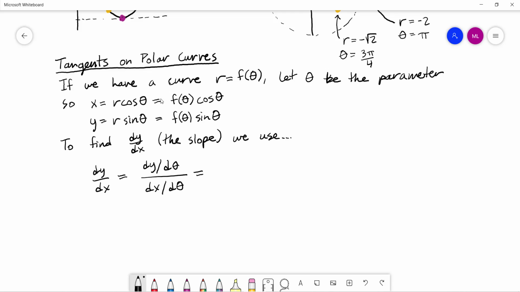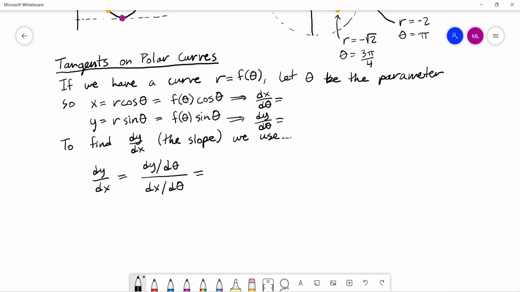But now I have representations for what x and y look like, and so let's figure out what those derivatives look like. So what is dx d theta, and what is dy d theta? What is the derivative of x with respect to theta? Well, it's a product of f of theta and cosine of theta. And because it's a product, I need to use product rule.